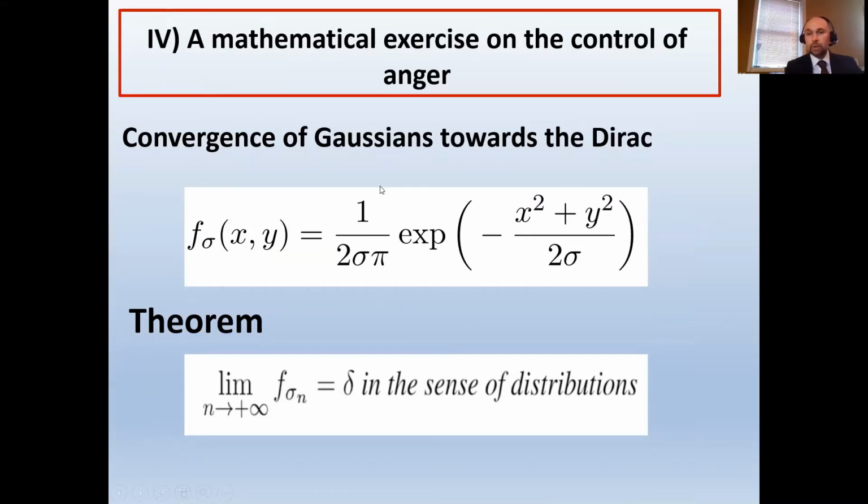If you take the integral all over the domain R2, it equals 1. But if you take sigma going to 0, this is going to the delta function in some sense. So we're going to prove this theorem, but I will leave it as an exercise and then I will correct it at the end.